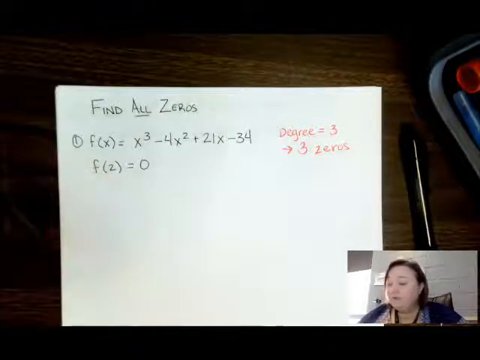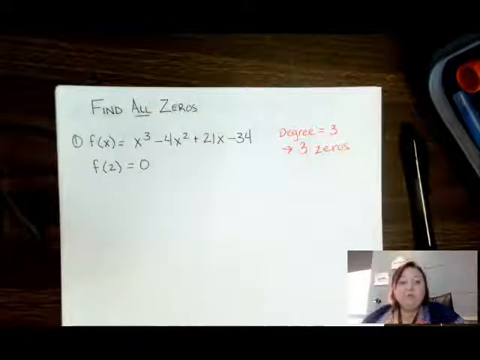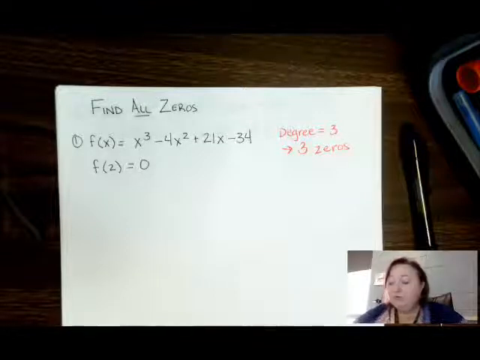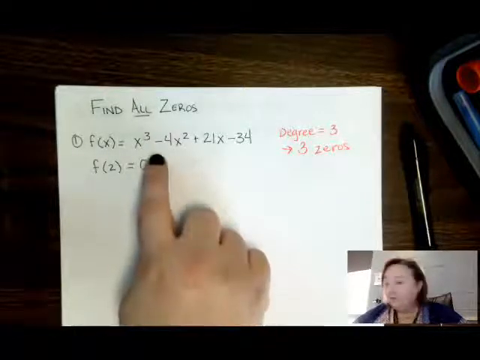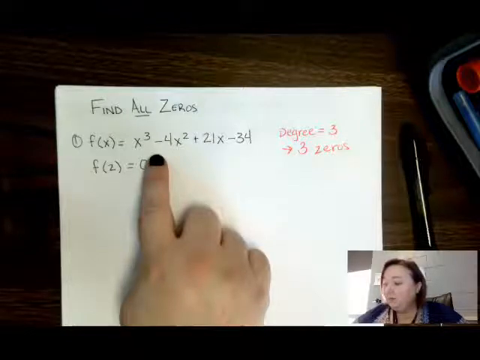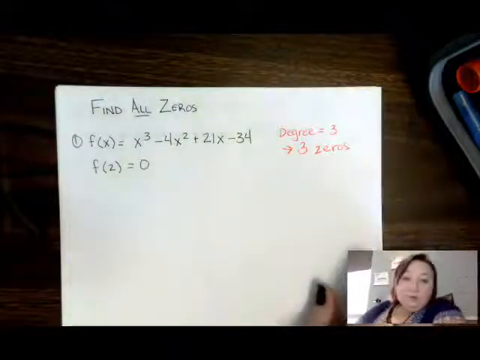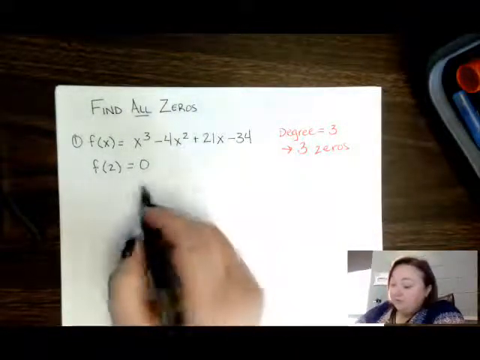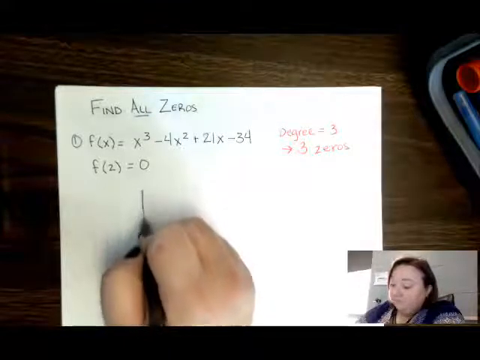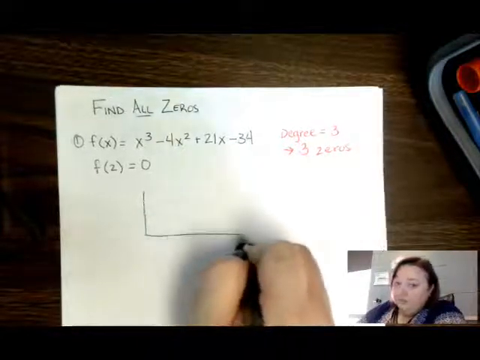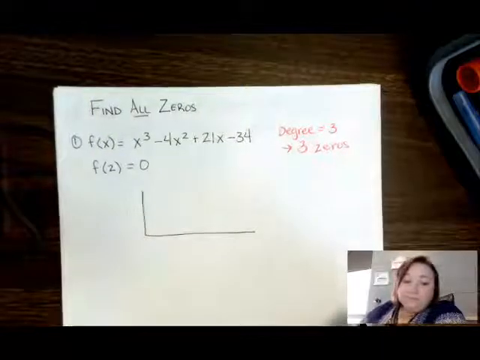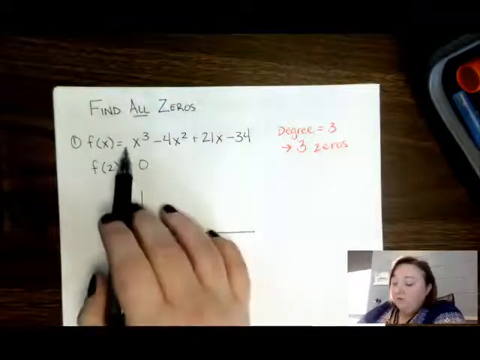So to find them, we're going to basically factor this function. So we're going to use, or start with, synthetic division. Okay? So we're going to take our coefficients.